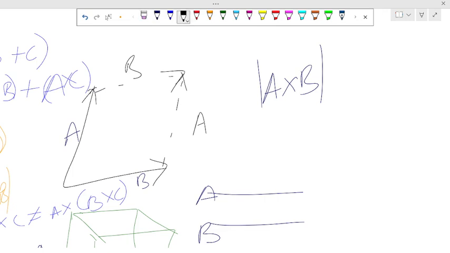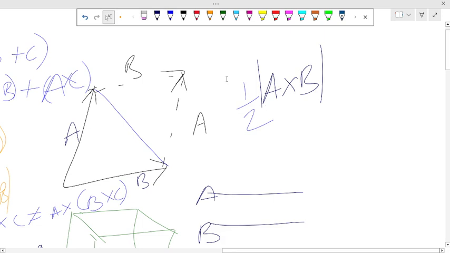There is an interesting idea here. If you cut the parallelogram into two equal parts along a diagonal, you have two equal triangles, one facing up and one facing down. So the area of a triangle can be determined using the cross product: just take half of the magnitude of the cross product.